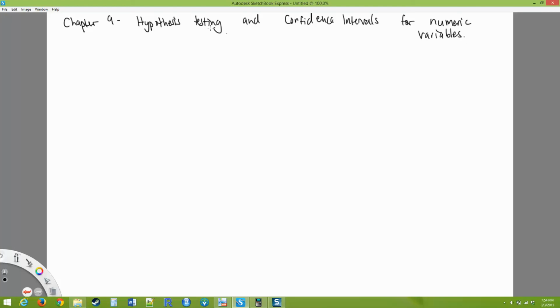Chapter 8, what we did last week, was hypothesis testing, mostly just for categorical variables, okay? And we did confidence intervals the week before in chapter 7. So chapter 9 is all about hypothesis testing and confidence intervals for numeric variables, okay?